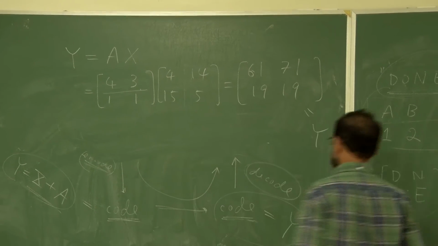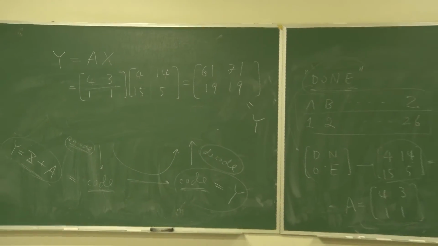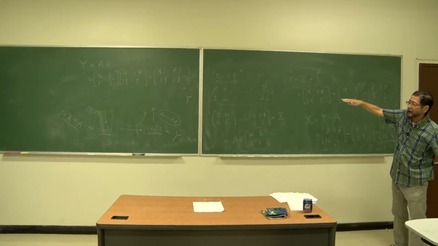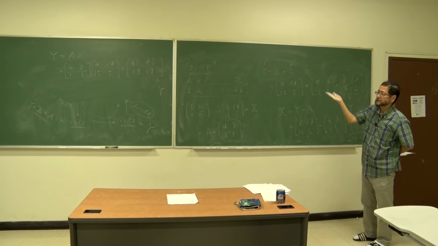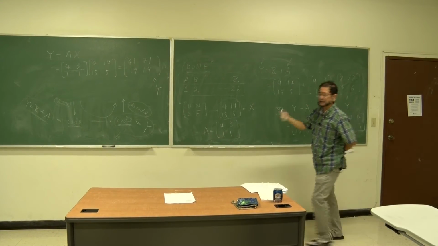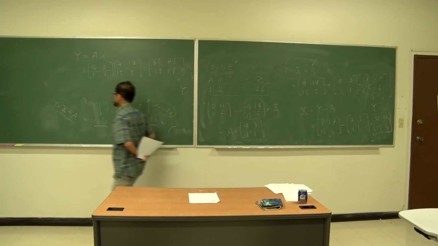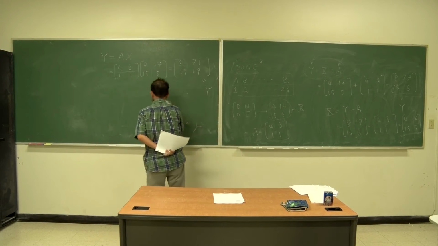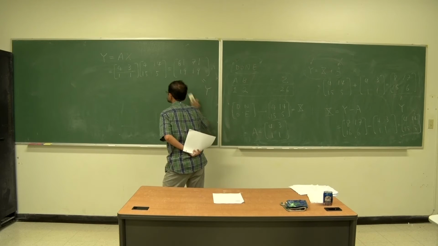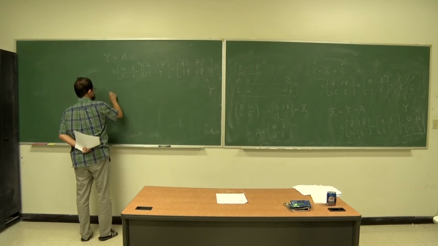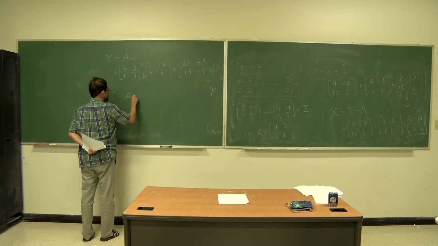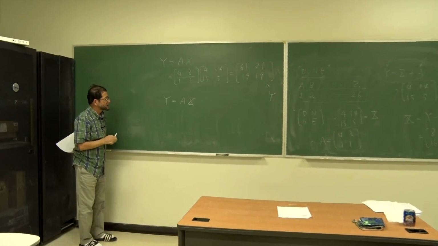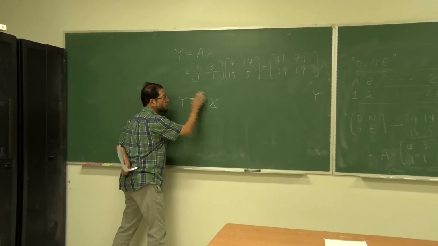Okay? So now your client receives this. So then again, receiving y, he wants to get the original x. So how does he do it? So it's similar, okay? From y equals a x, he wants to solve this for x.